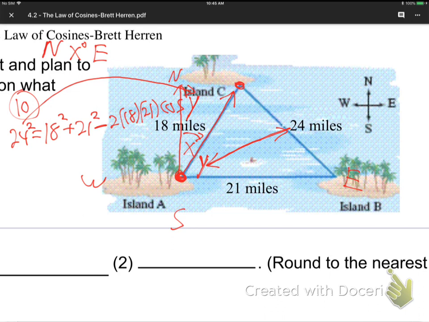Everybody see that? See how the 24 is across from the y? So there we go. Let's hit the buttons on our calculator.